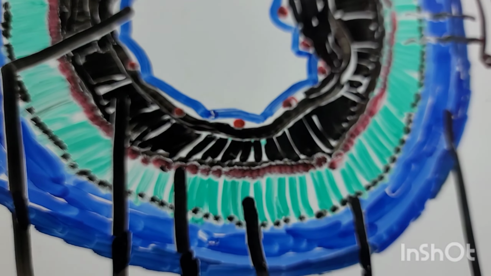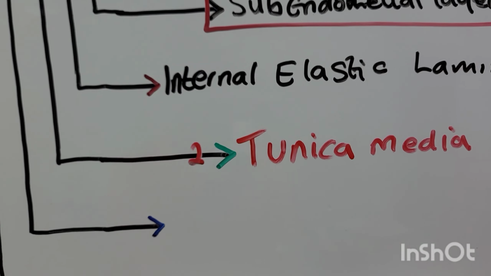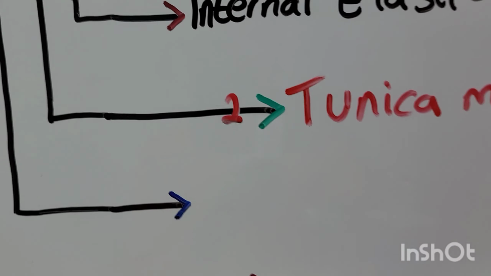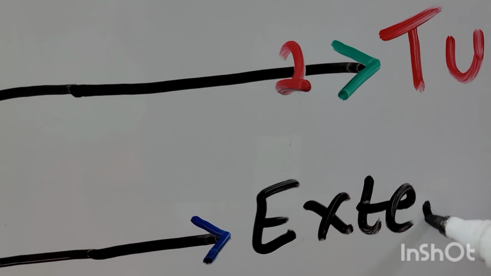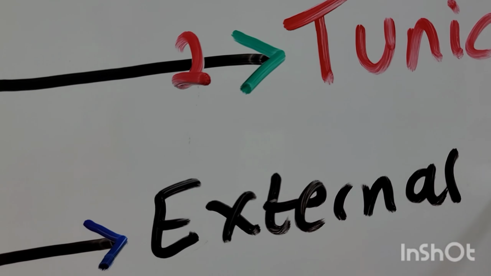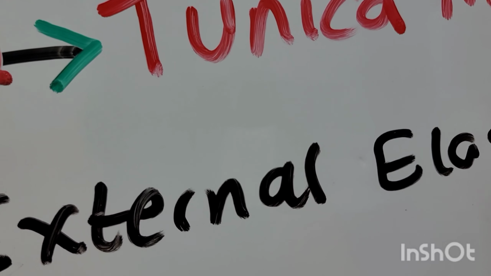That layer just after the tunica media, you know how that layer is called? That one is what we call the external elastic lamina.